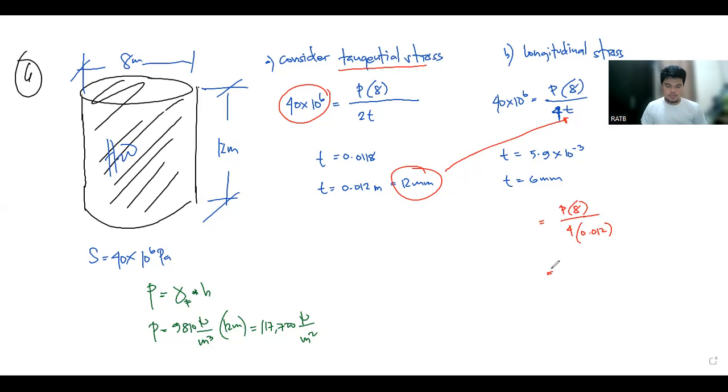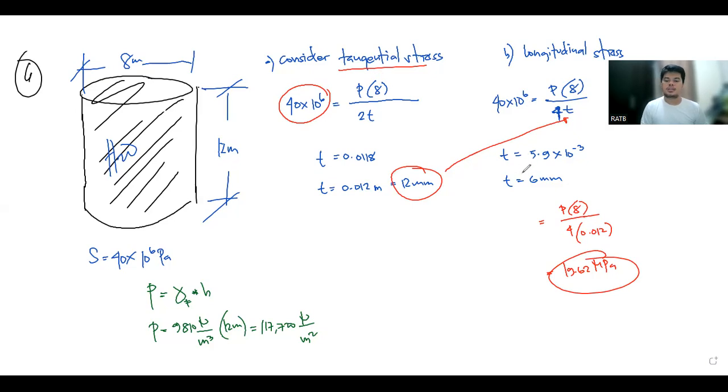So that's 117,720 times 8 divided by 4 times 0.012. This will result in an answer of 19.62 megapascal, which is okay since the maximum stress is 40.